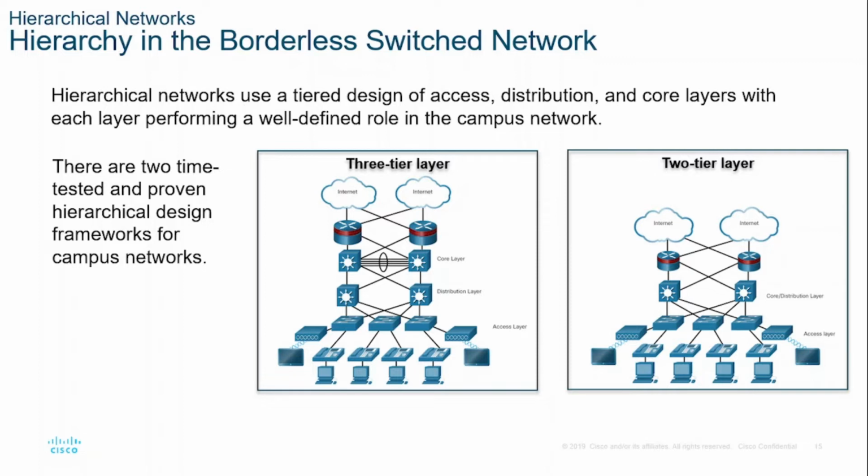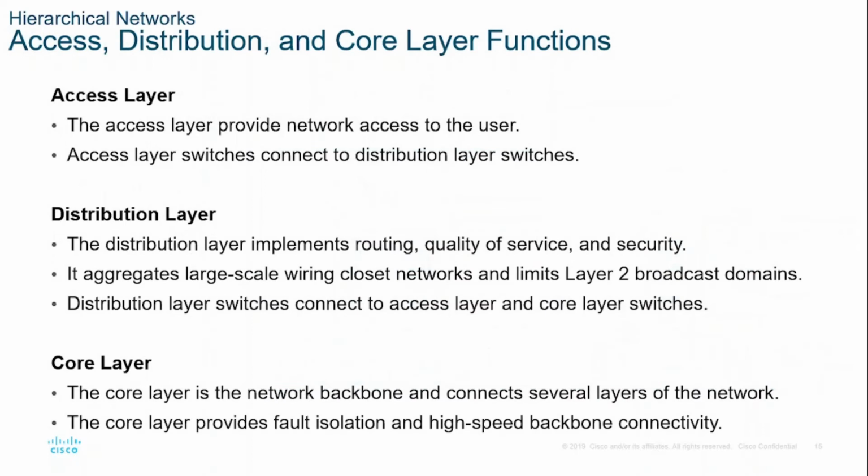Designing a borderless switch network in a hierarchical fashion creates a foundation that allows the network designer to overlay security, mobility, and unified communication features. The three critical layers within these tiered designs are the access, distribution, and core layers.